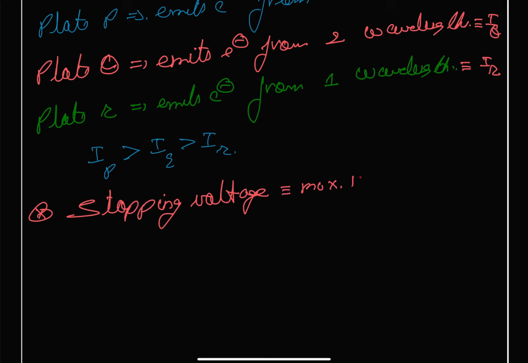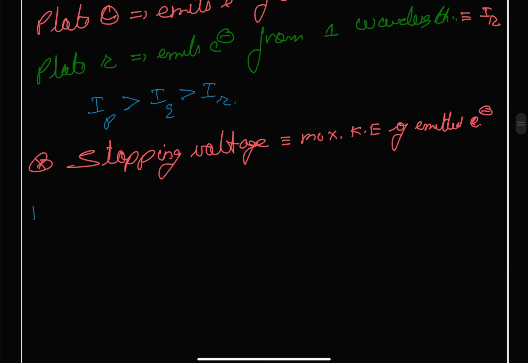Therefore, for plate P, we have K max for P plate will be equal to the energy max for P plate minus the work function for P plate.